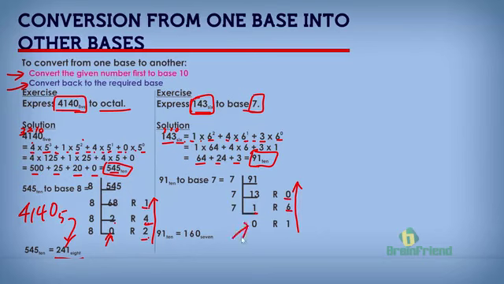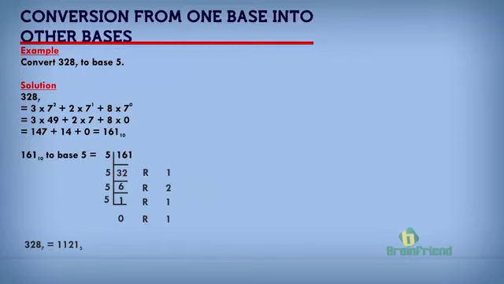So we have 0, remainder 1. 1 is returned here. So we count our remainders from down up, and we have 160 base 7 as our answer. 143 base 6 is the same as 160 base 7.